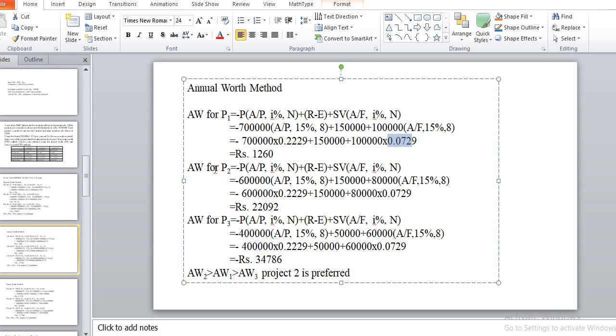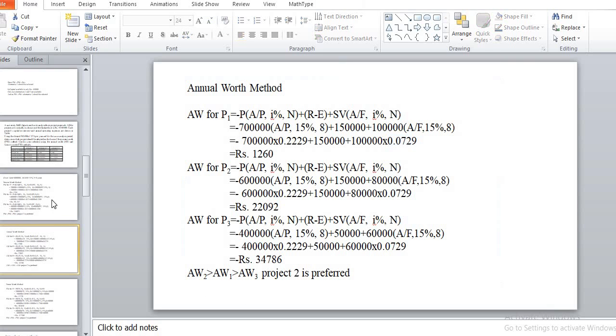Similarly for the second project we repeat this procedure, and for the third project we repeat this procedure, and we can compare these particular values. We will obtain that the annual worth for the second project is the larger one. So we prefer project 2.